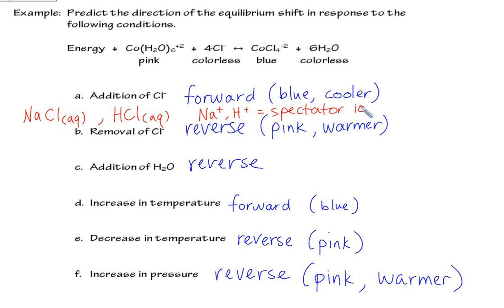Spectator ions. Blast from the past. The sodium and hydrogen are not present in this reaction, and they can't react with anything in the reaction. So they're complete spectators. It's just the chlorine ion that will affect this equilibrium system.